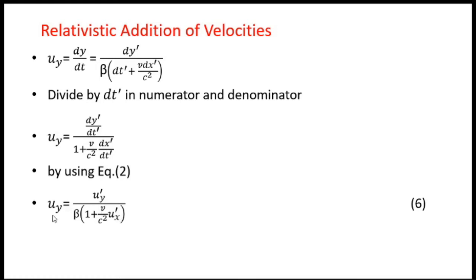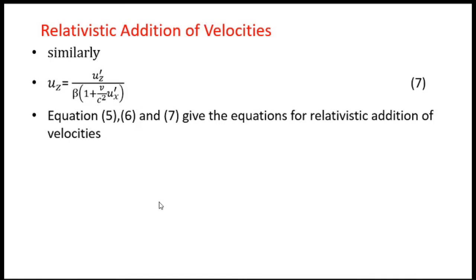So finally I get uy is equal to uy dash divided by beta times 1 plus v upon c square ux dash. This is my equation 6. It gives the y component of velocity in the frame S.